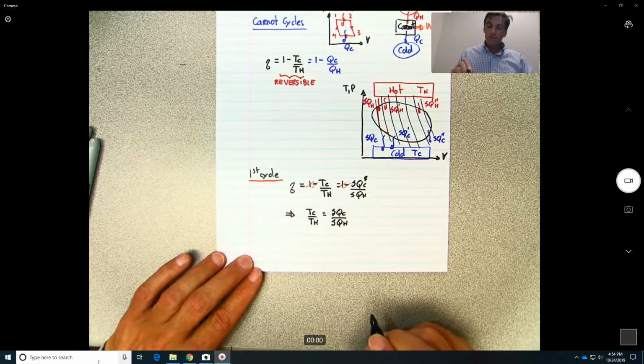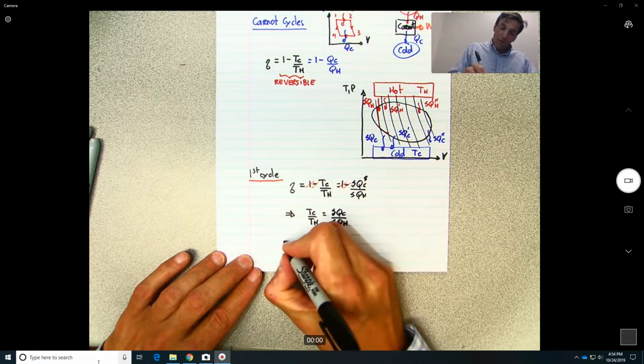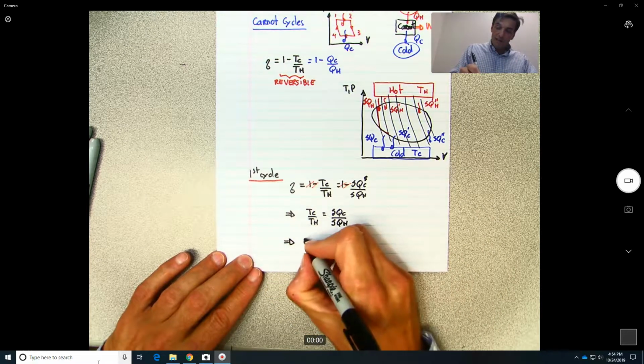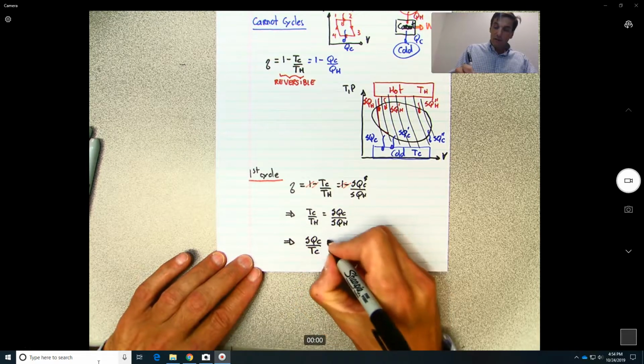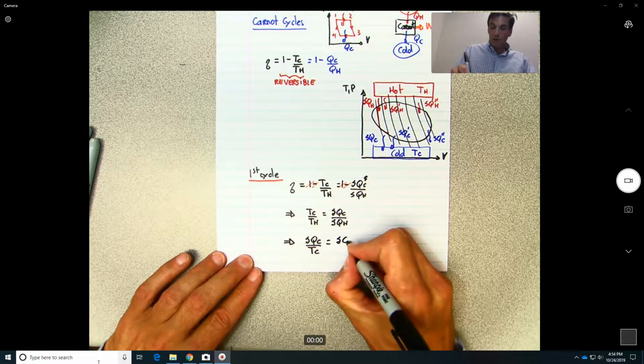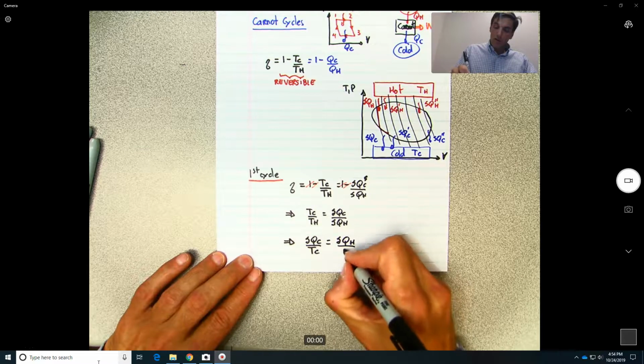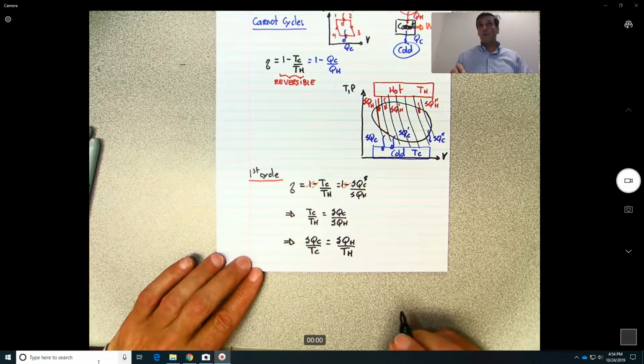Now you can eliminate the 1 and the negative sign, and we have that T cold over T hot equals delta Q cold over delta Q hot. Or I can rewrite this as delta Q cold divided by T cold equals delta Q hot over T hot.